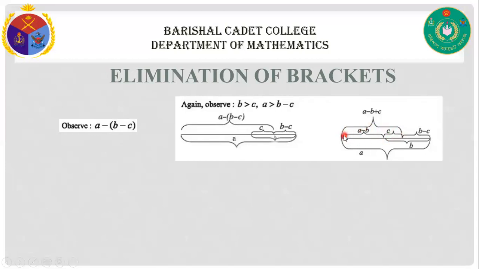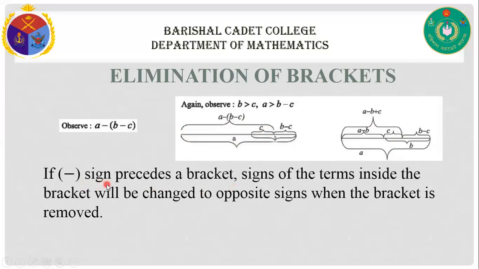So this part and this part are the same. So we can say if a negative sign precedes a bracket, the signs of the terms inside the bracket will be changed to the opposite sign when the bracket is removed.